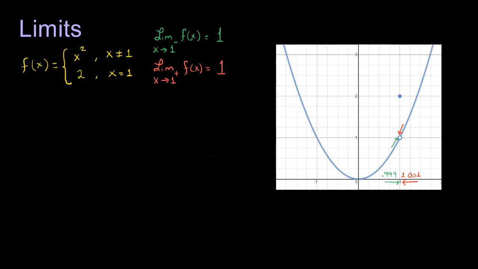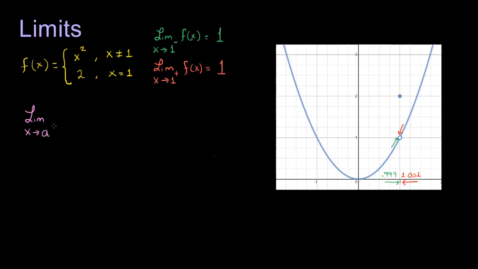How does this limit idea work? Here's the thing. I'm not going to write this 1 anymore. I'm going to write the general statement.